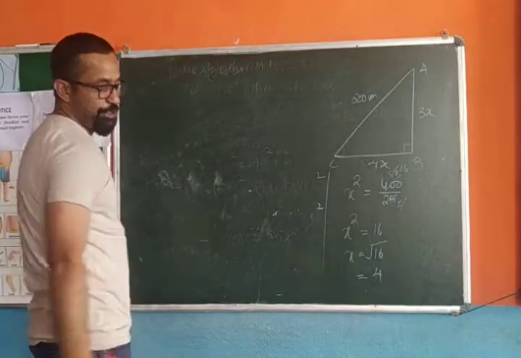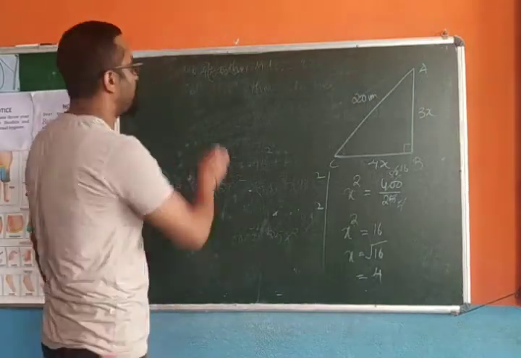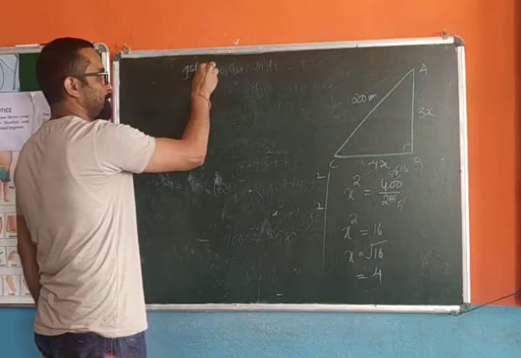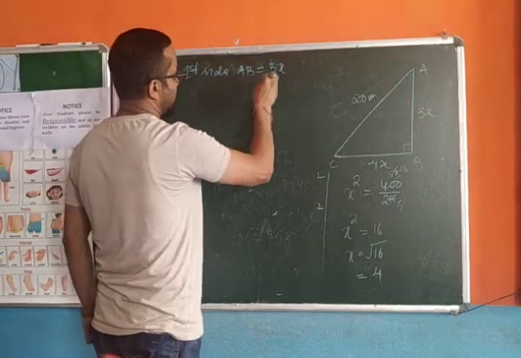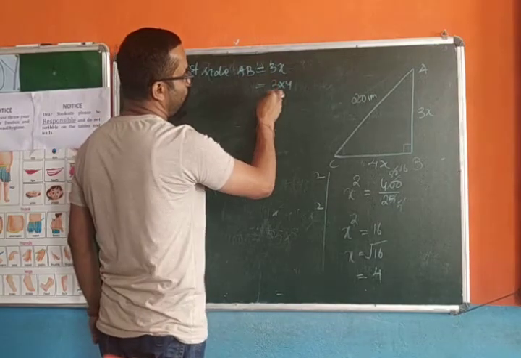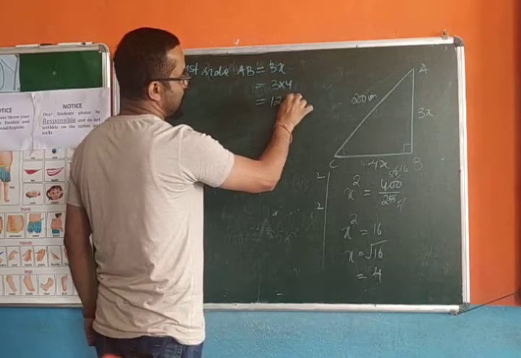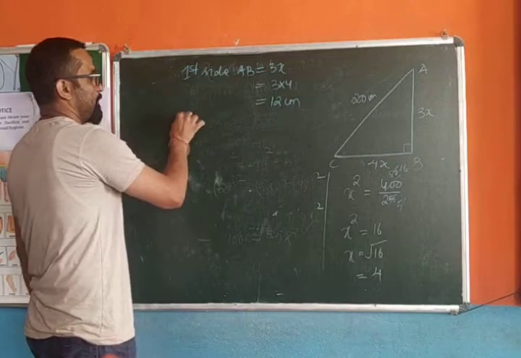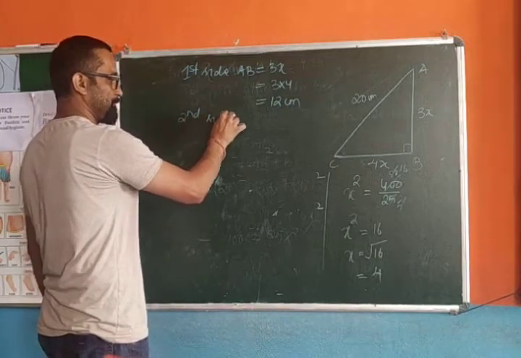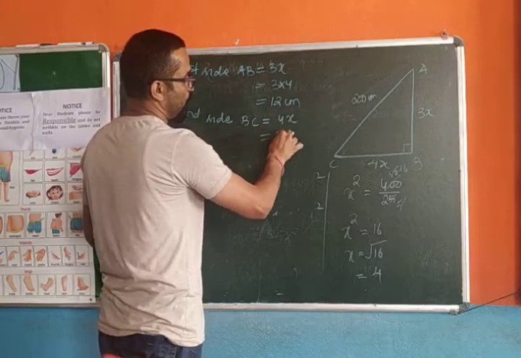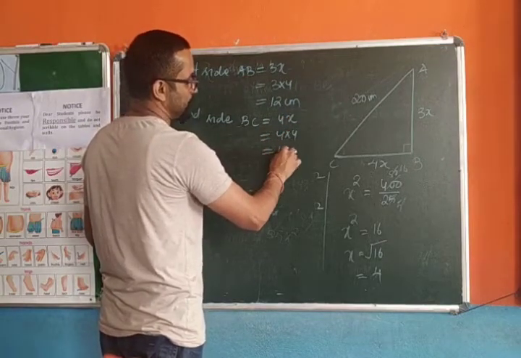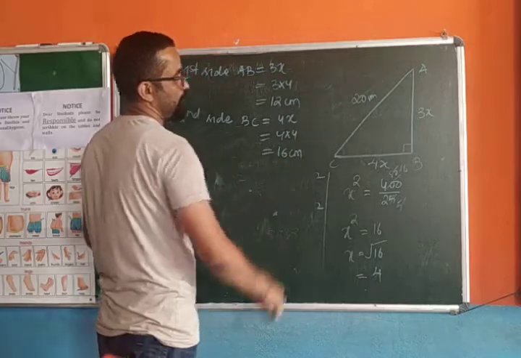Now we need to get the sides. First side, that is AB, 3x, 3 into 4, 12 centimeter. Second side, that is BC, 4x, 4 into 4, 16 centimeter.